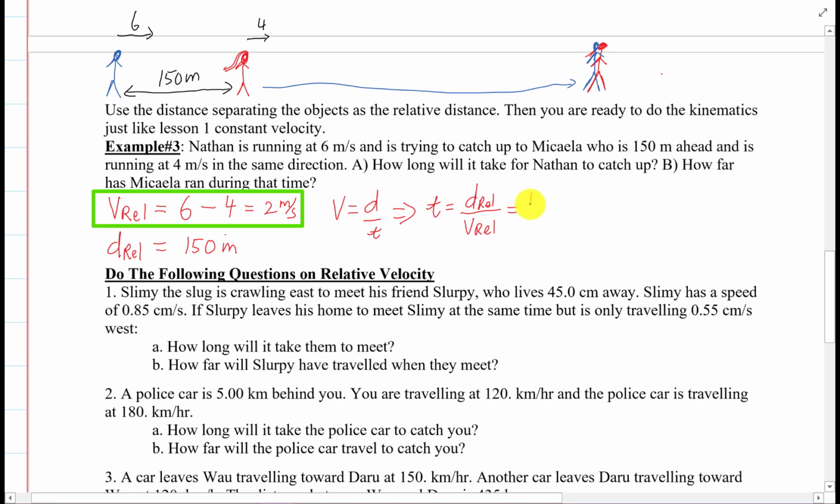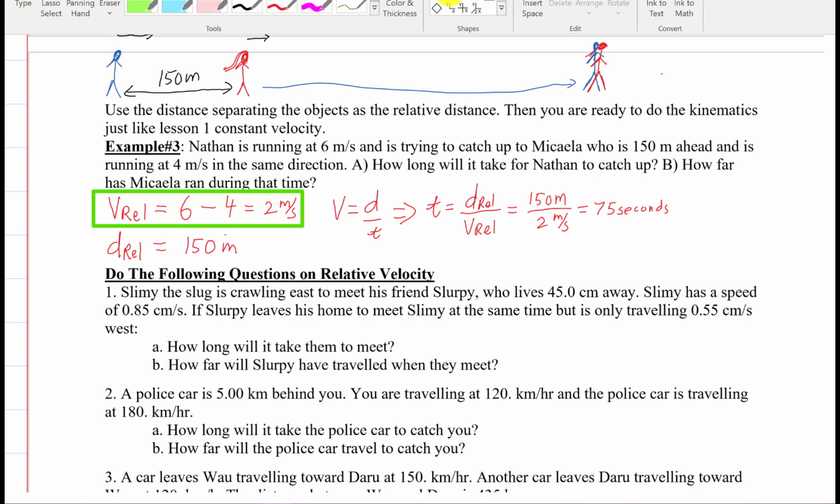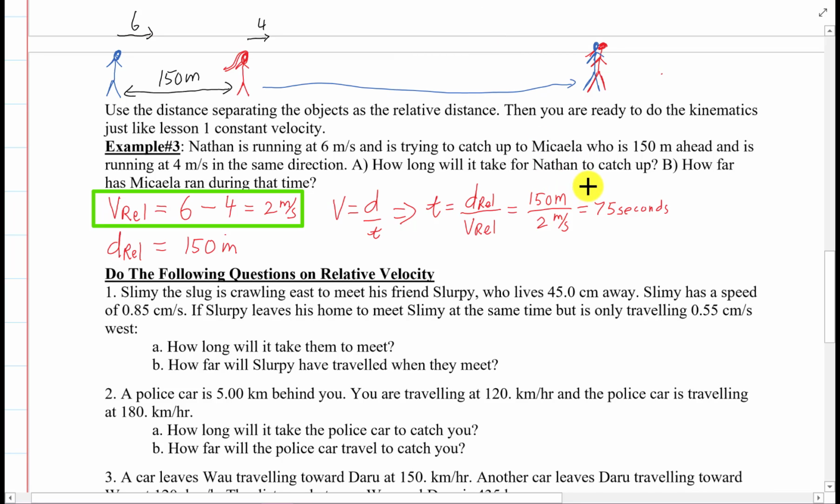D rel is 150 meters, and the speed is 2 meters per second, so that equals 75 seconds. And that will be the answer to A.